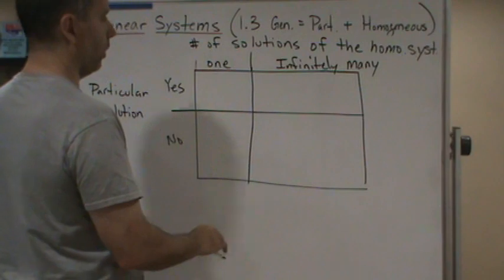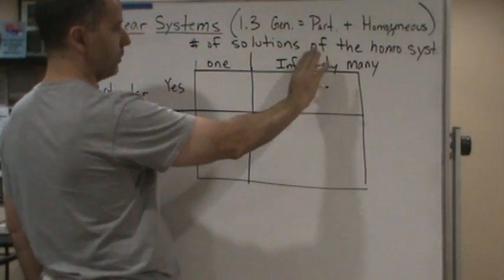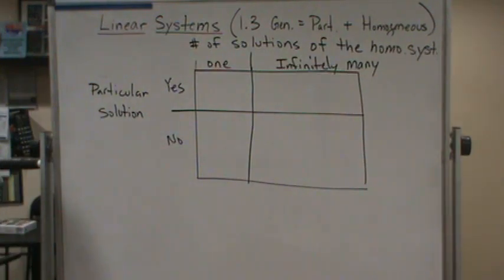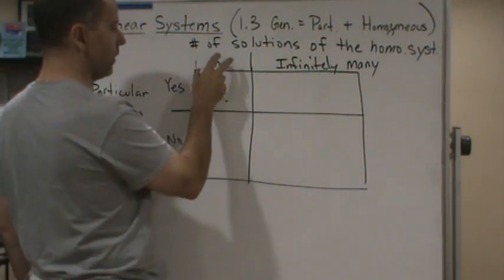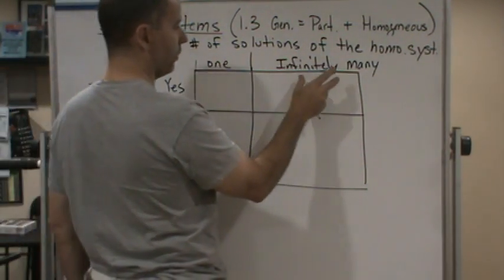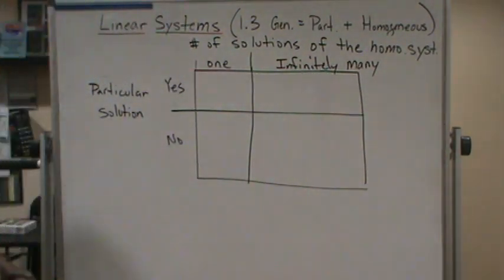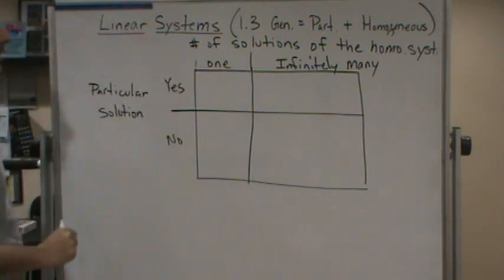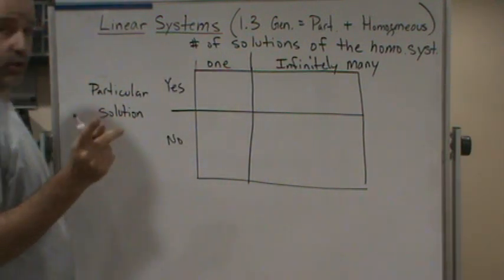And then for the number of solutions for the associated homogeneous system, there's either going to be one solution or there's going to be infinitely many solutions, right? So in this case here, what happens if we have a particular solution and only one solution to the associated homogeneous system?